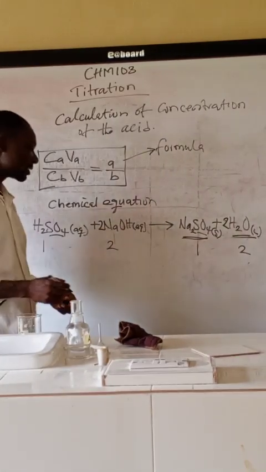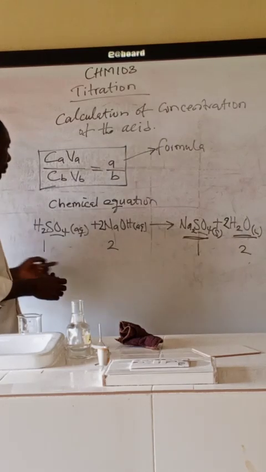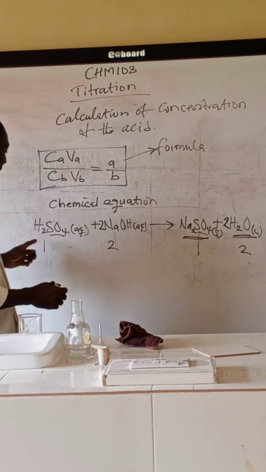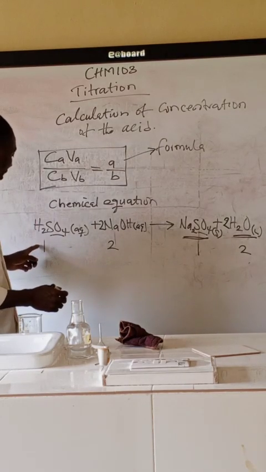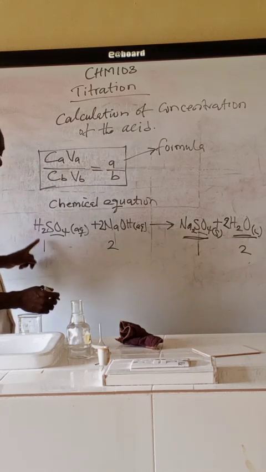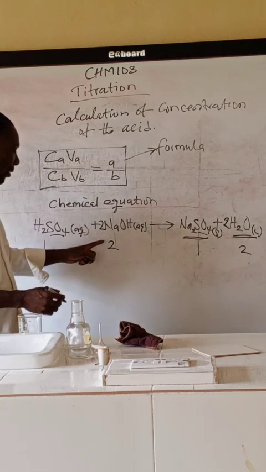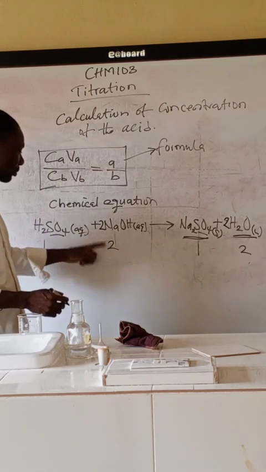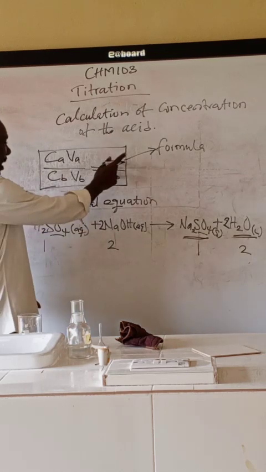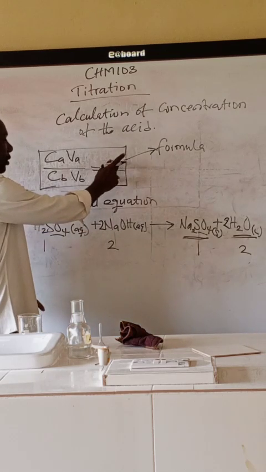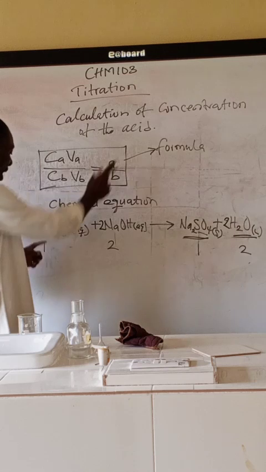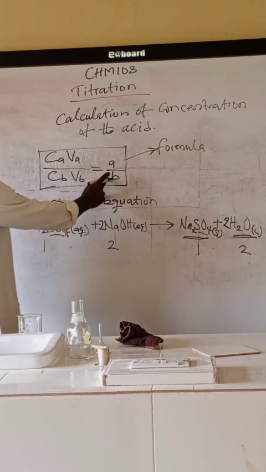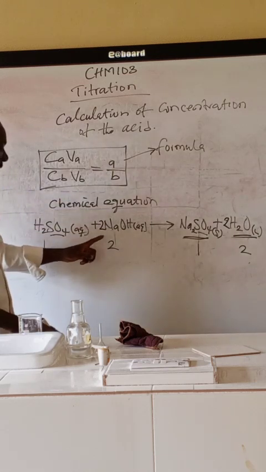Now from this, you understand that the mole ratio, our A will be 1, while our B should be 2. So this is the mole ratio of the acid, which should be 1, and this is the mole ratio of the base, which should be 2.